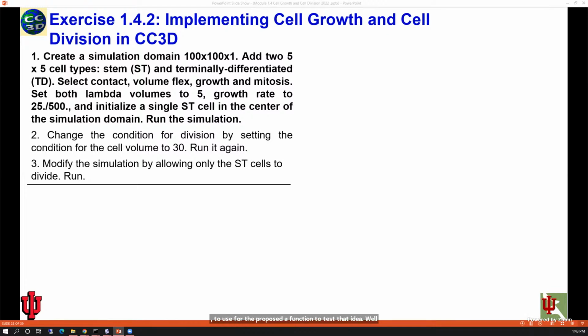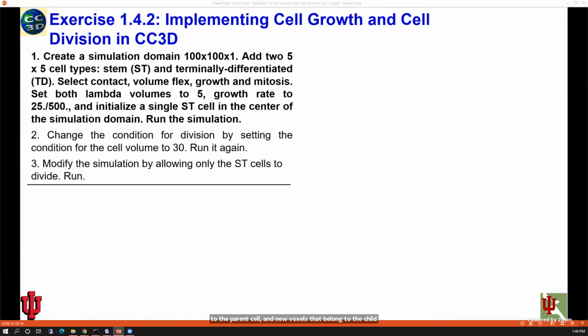Well, the answer, of course, is that you can do these things, but the question is, what is it that you would like to be different? The mitosis steppable creates one new cell, and it divides the voxels that belong to the parent cell into new voxels that belong to the parent cell and new voxels that belong to the child cell.